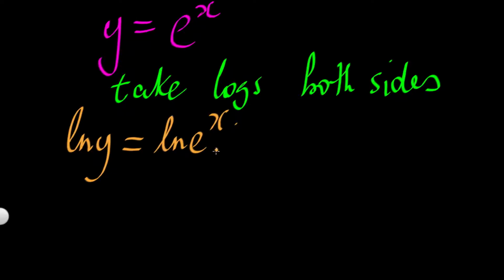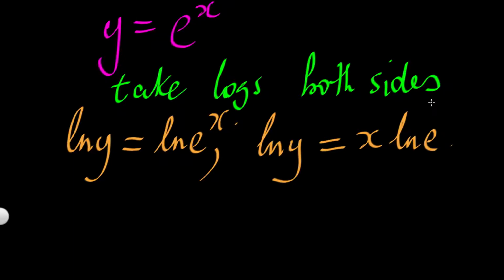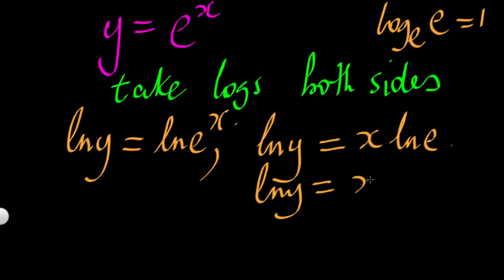From here, this means ln y is equal to x ln e. Guys, we know that ln e is 1 because this is like log to base e of e. The answer is 1. So ln e is 1. So in effect, I have ln y equals x.